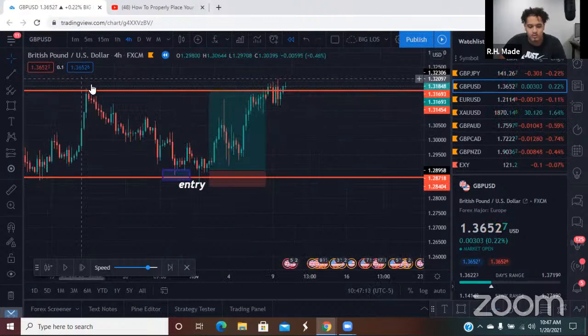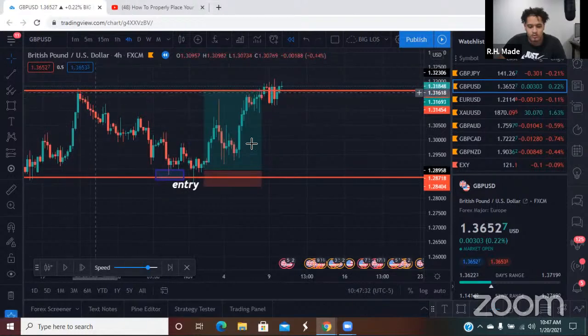when the bears are in the market, right? If you're a bull, you don't want to be in the market when the bears are in the market. So take profit at support.